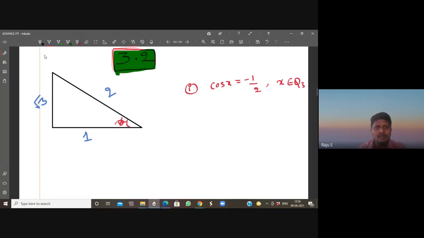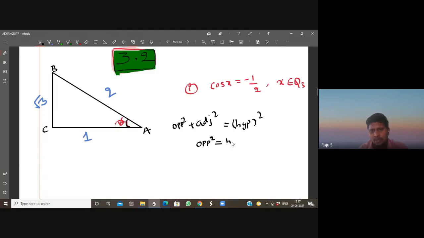When this is the x, then opposite square plus adjacent square equals hypotenuse square, with the help of Pythagoras theorem. We consider this is A, B, C. They gave cos as adjacent by hypotenuse, we need to find opposite.